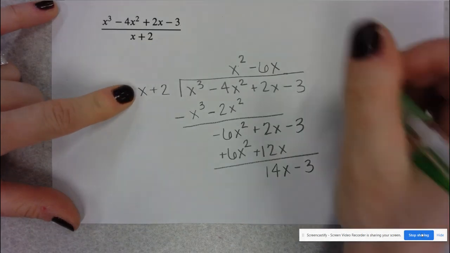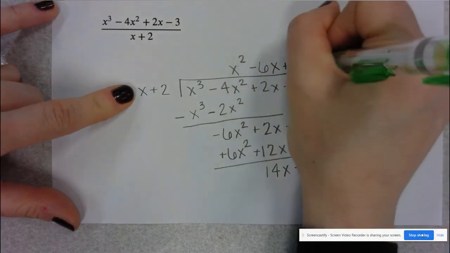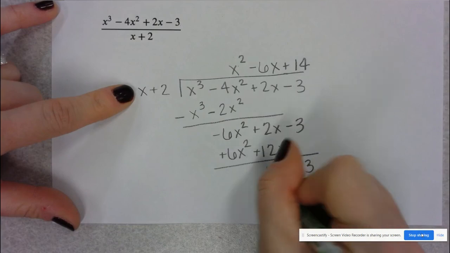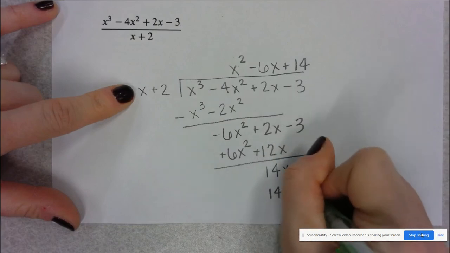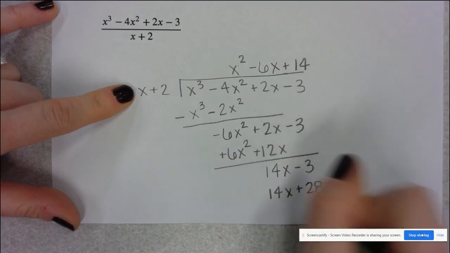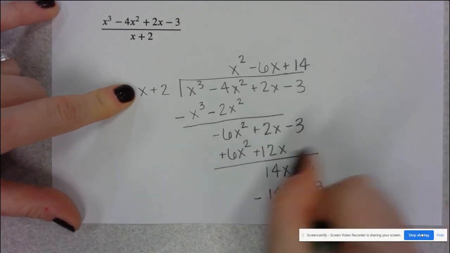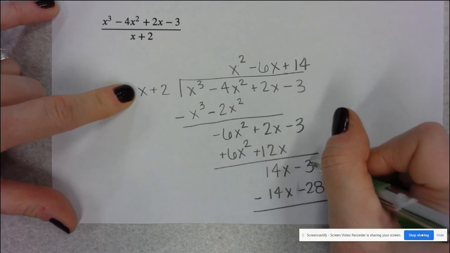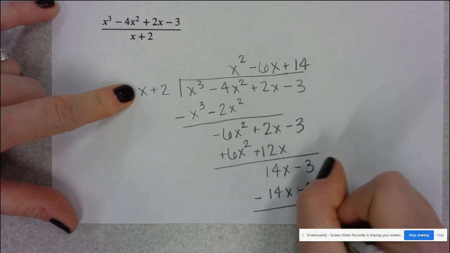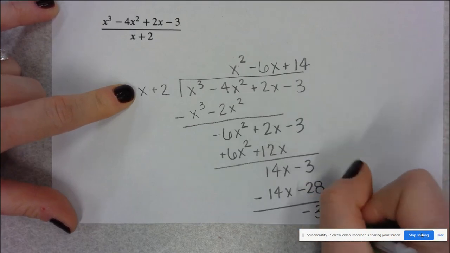So I need to multiply by 14 here. And I'm going to do the opposite. So I need to subtract. So this is going to give me negative 31.